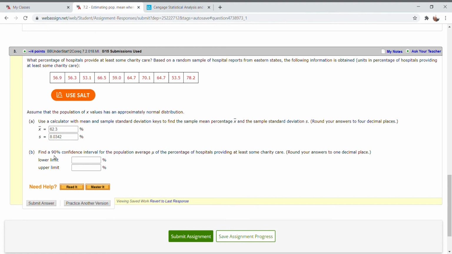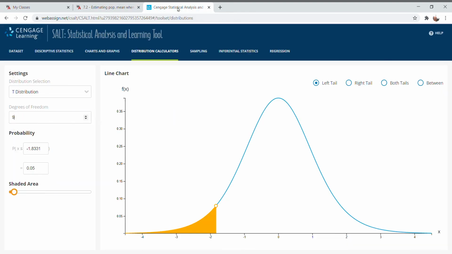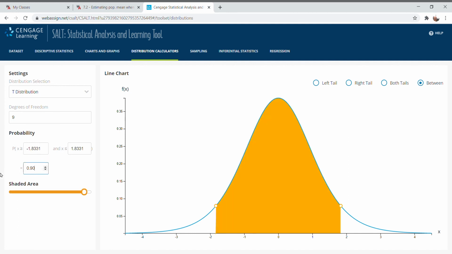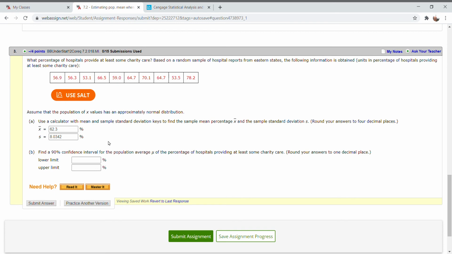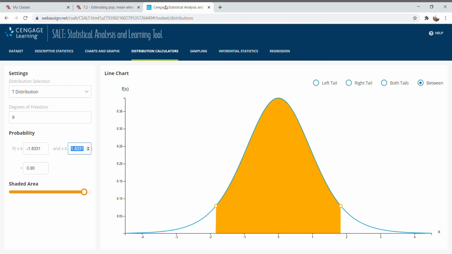We're looking for a 90% confidence interval, so between, and 90. We get a T cutoff, and I've got to write this down.